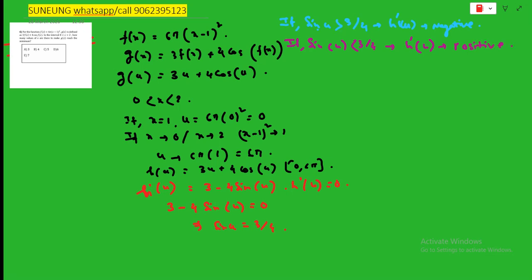That means the function goes up. So we need the points where sin u is 3/4 and is crossing from the above 3/4 zone to the below 3/4 zone. But wait, no. For a minimum, the slope must go from down to up. So we need h'(u) to change from minus to plus. That means sin u must change from greater than 3/4 to less than 3/4. Okay.